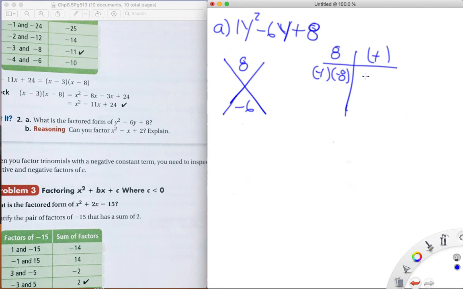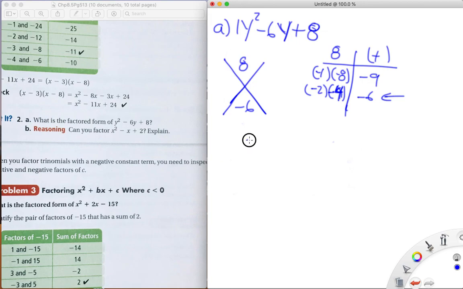When I add them together, gives me negative 9. That doesn't work. Then I have negative 2 times negative 4. Negative 2 times negative 4 gives me positive 8, right? When I add negative 2 and negative 4 together, I get negative 6. Yay. So those are going to be my two factors.